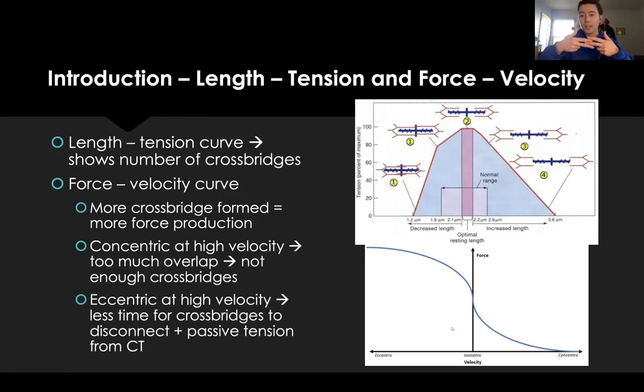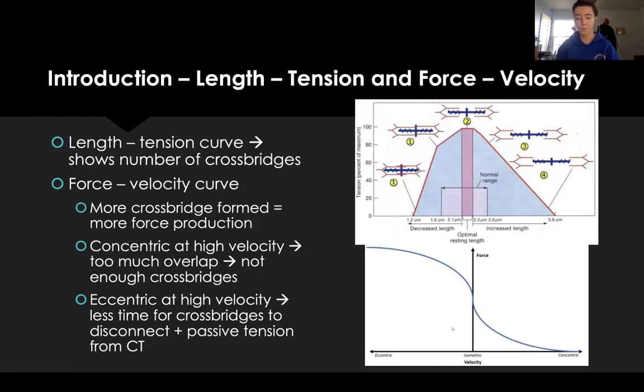This optimal length will allow you to use all of your cross bridges and produce the maximum amount of force. While here, as you lengthen it out, you're going to have fewer cross bridges to pull from, so it's going to be less force.